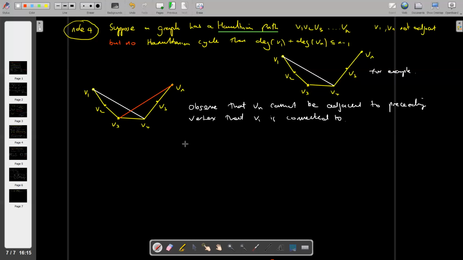You might be thinking, why is that? Well, if it was, then the graph would have a Hamiltonian cycle, and we said it didn't.